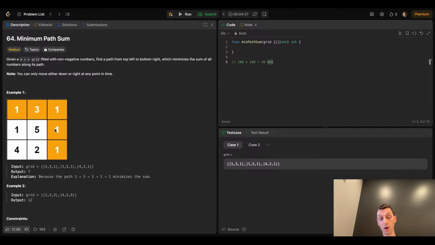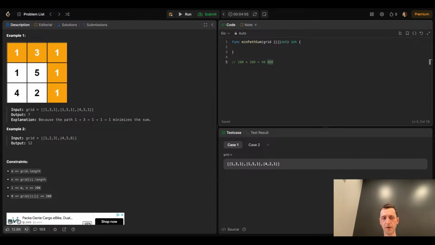Let's say there were variations, and we could get to this one from different points, if the grid was bigger. And by the way, it doesn't have to be a square. It could be rectangular, right?